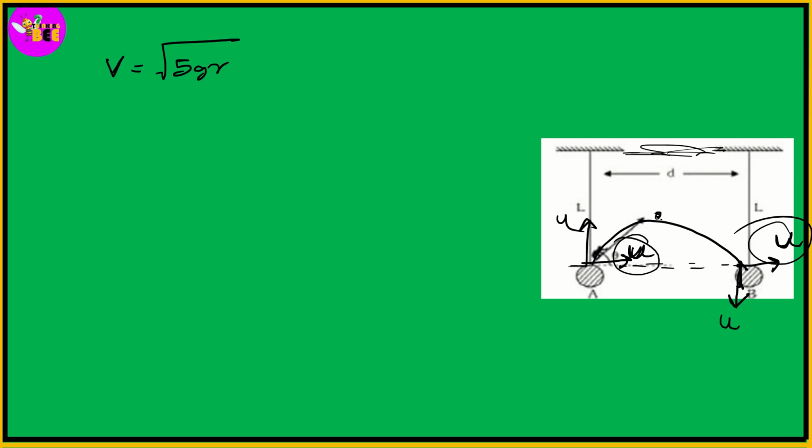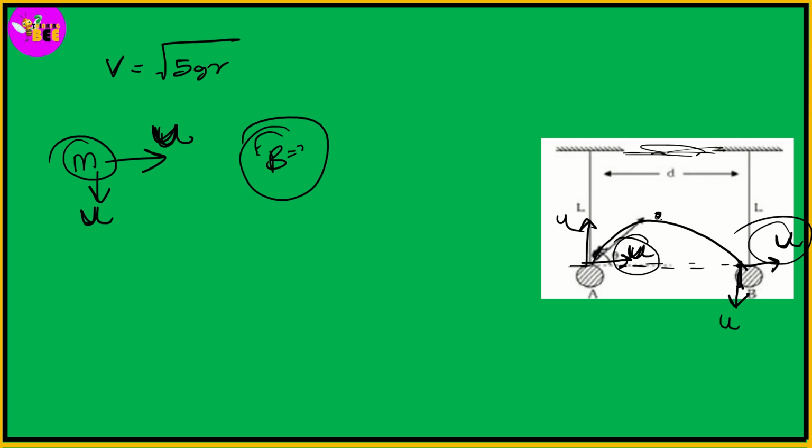Now, when the monkey lands on ball B, its ux will be u and uy will be minus u, that is u in the downward direction. And if we also consider ball B, which is of mass 2m, it is at rest.